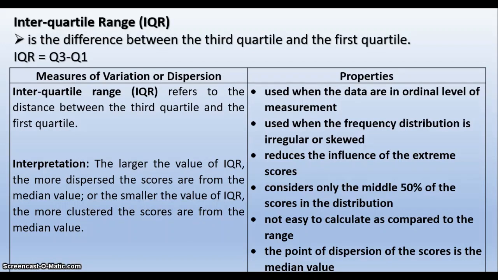More dispersed meaning scattered, kalat ang score. When we talk about less dispersed, homogeneous, or less scattered, meaning the scores are intact. They are near from each other. Or the smaller the value of IQR, the more clustered the scores are from the median value. So that is the interpretation of interquartile range.